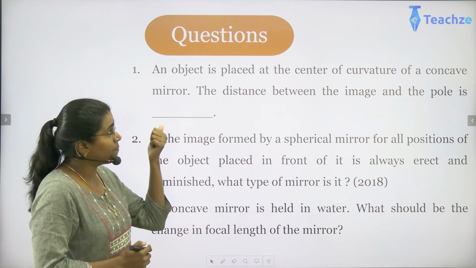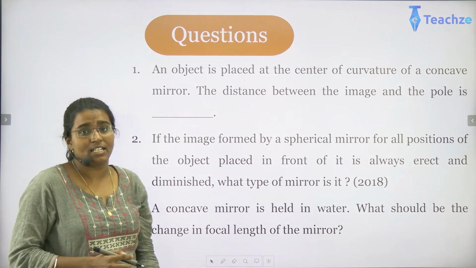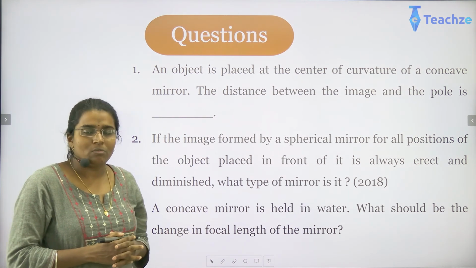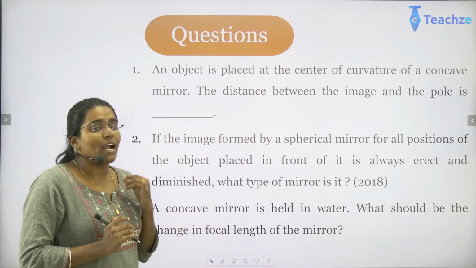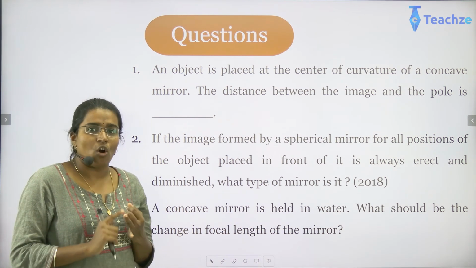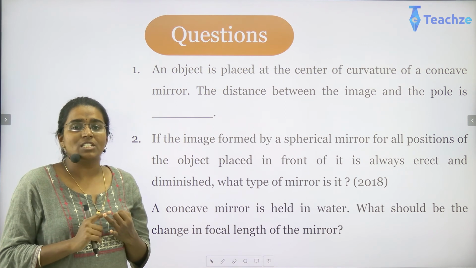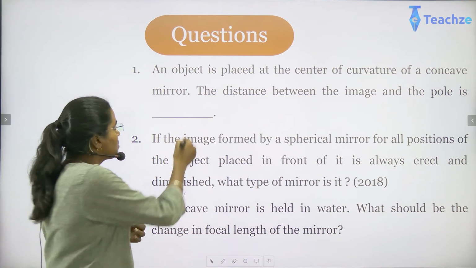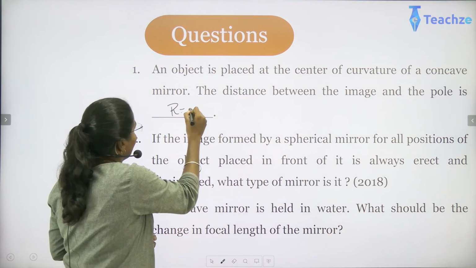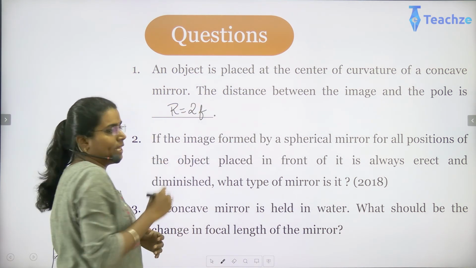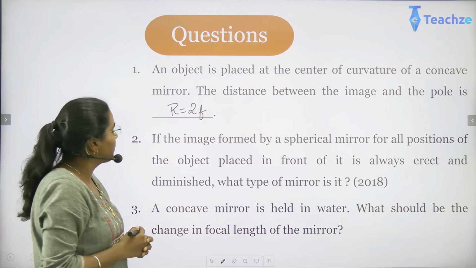When the object is kept at the center of curvature, the image will also be at C. So it will be R, the radius of curvature, or you can also say it is twice the focal length. Yeah, R is equal to 2F.